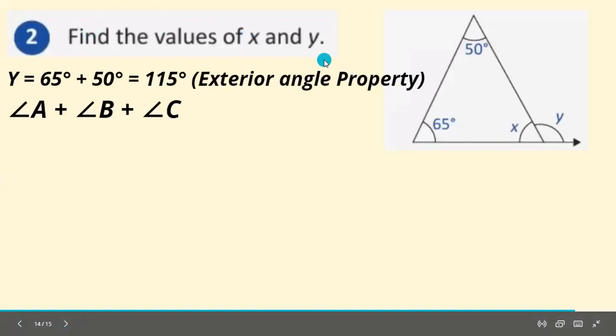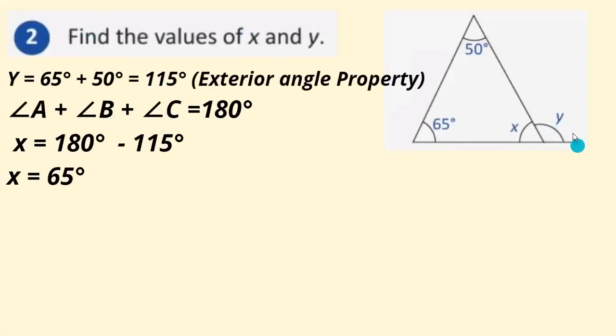Find the value of x and y. Here y is given as the exterior angle and x is an interior angle of a triangle. We are going to find it using the exterior angle property. So y is here. What are the opposite angles of y? 65 and 50. So y can be found using the exterior angle property, that is 65 plus 50 gives your y.